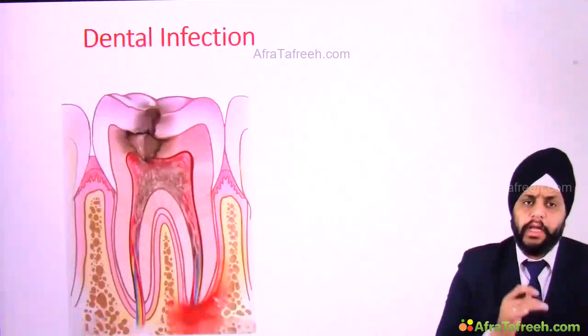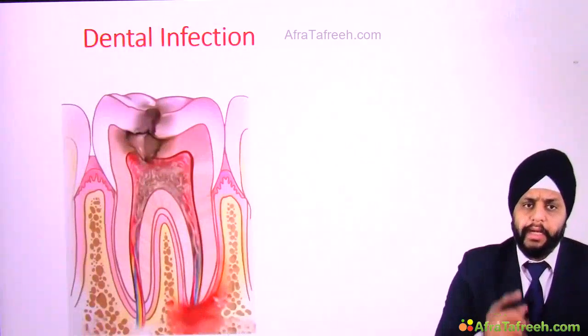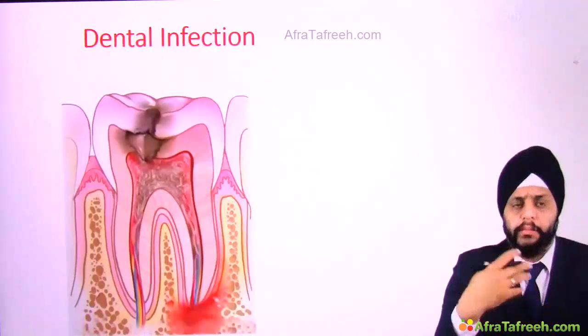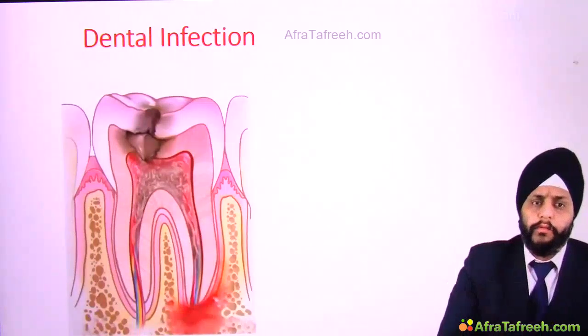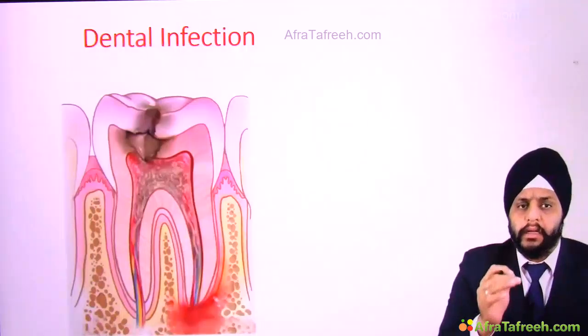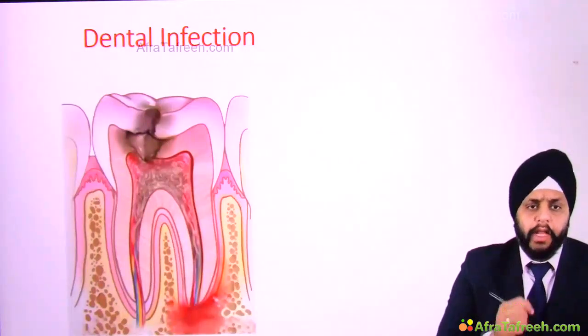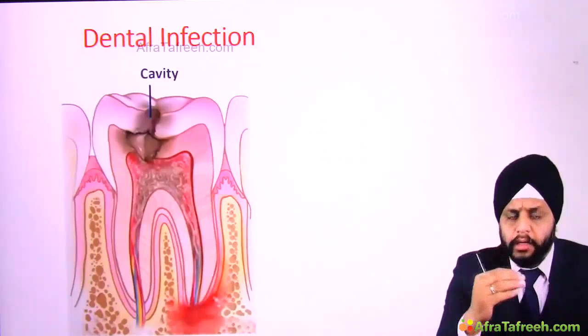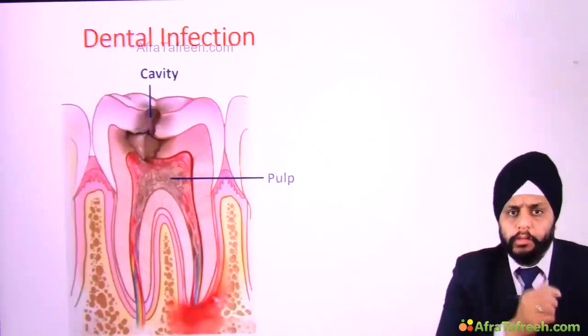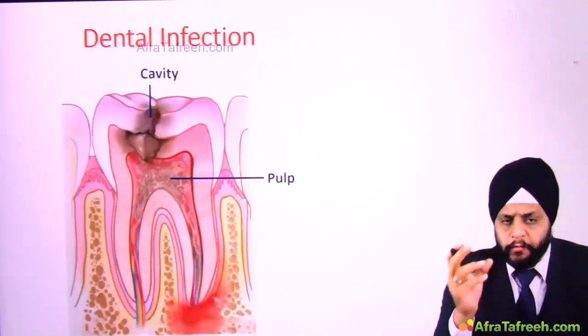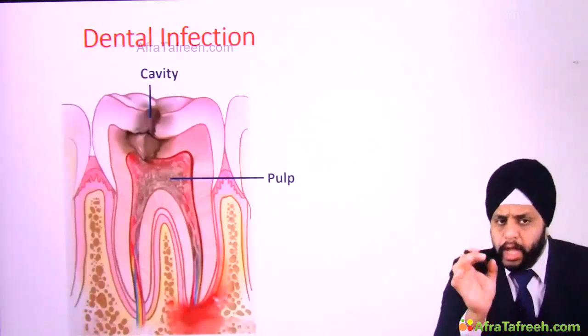Before we start with the spaces, let's remember all these spaces are potential spaces. They become spaces when there is an infection, and the most common source of infection is dental infection. Whenever the tooth has a cavity, from this cavity the infection goes into the pulp of the tooth, and from there to the roots, to the apex.